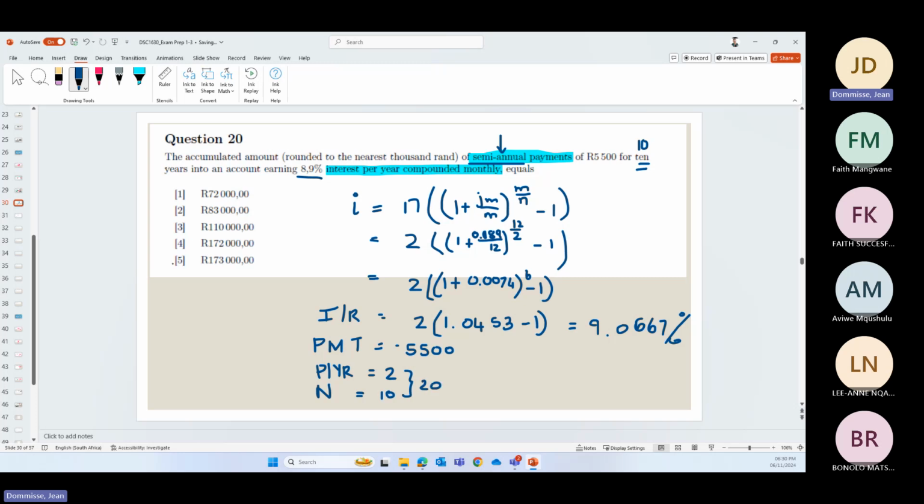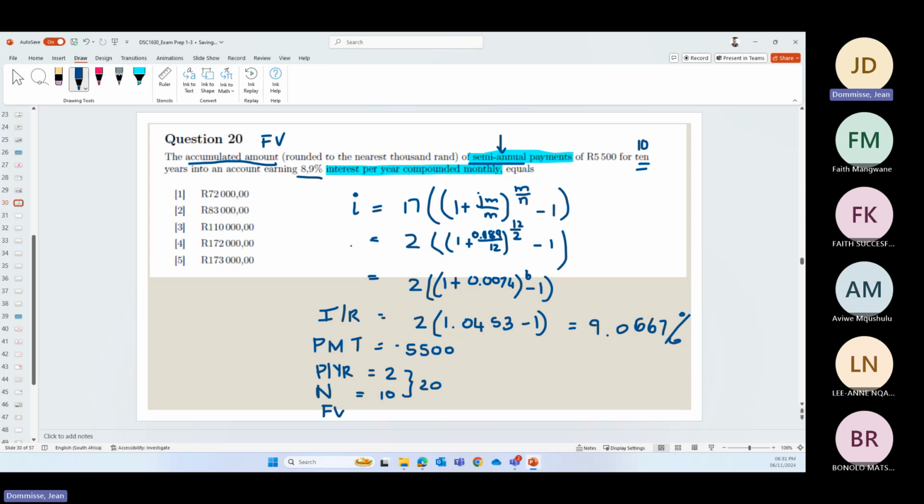And what do they want, the future value or the present value? The accumulated amount of that, so we want the future value because they said the accumulated amount. Okay, so we've got the interest rate of 9.0667.